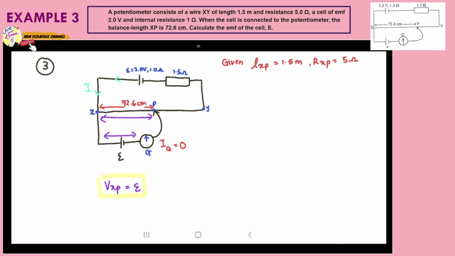So this is the reason why current from the EMF cannot flow through the galvanometer when the potentiometer is balanced, because the voltage at this area is equal to the voltage at this area. So current from this area cannot flow into this area, and no current flows through the galvanometer. The very important point is that the voltage Vxp is equal to the EMF.